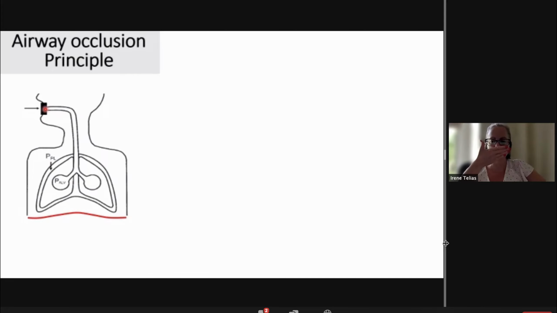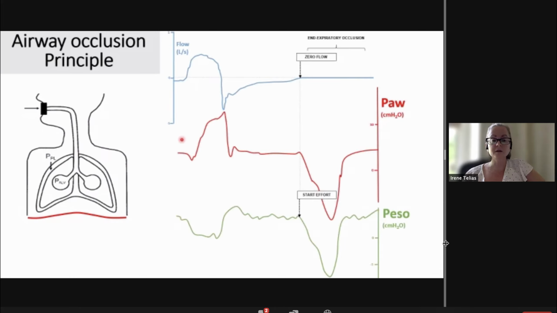So this is not allowing the patient to breathe air in. The patient still performs the effort. There is a negative change in the pleural pressure, that equals the pressure inside the airways and the alveoli, because all of the respiratory system becomes one cavity. If we see this on the tracing, we see that this is flow over time, positive insufflation, negative exhalation.